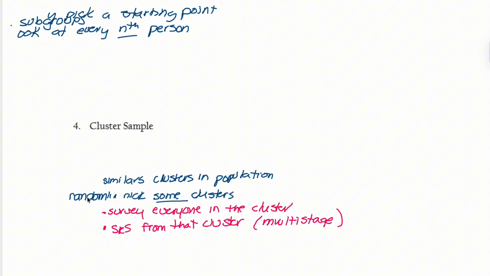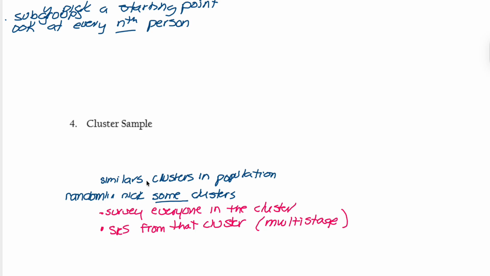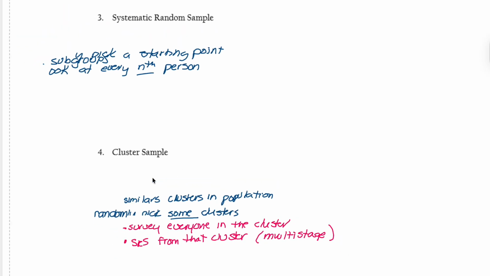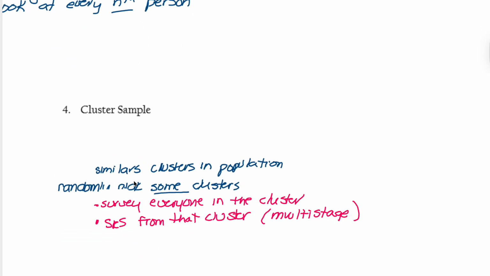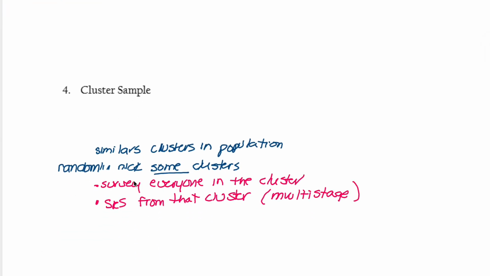A cluster sample is very similar to a stratified random sample, and it's also a confusion for a lot of people. But the main idea behind a cluster sample is you assign similar clusters in the population and you randomly pick some clusters.